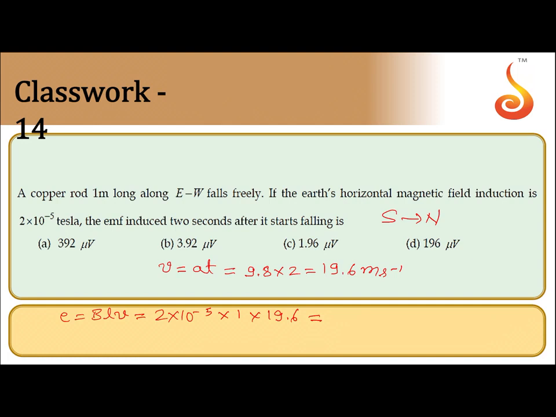So, 19.6 into 2 is 39.2 into 10 to the power minus 5, or it can be 392 into 10 power minus 6 volt. That is nothing but 392 microvolt. That is option A.